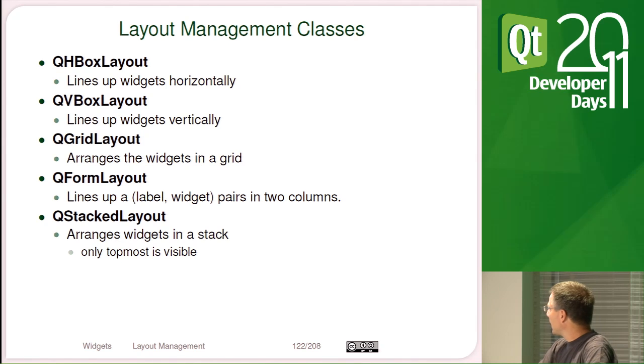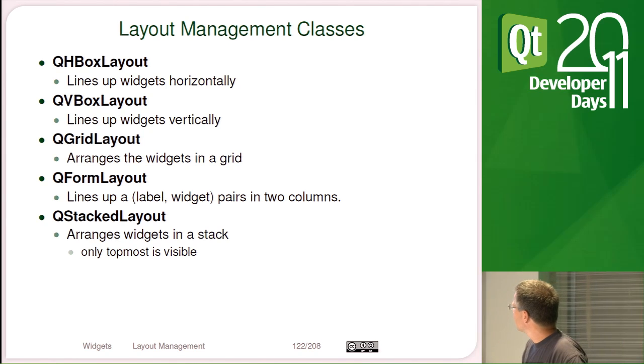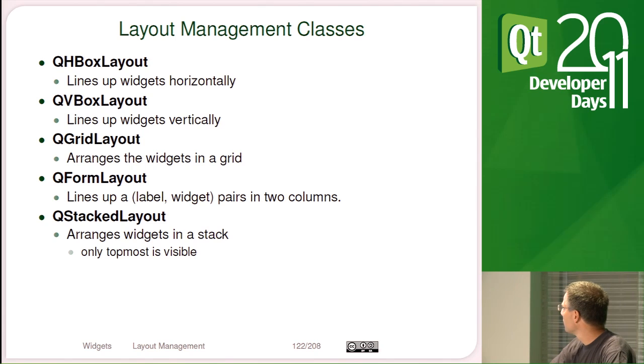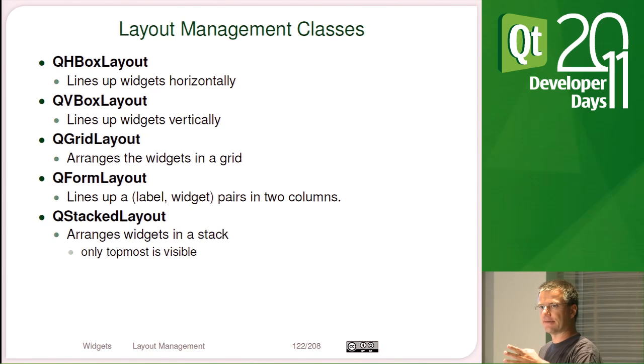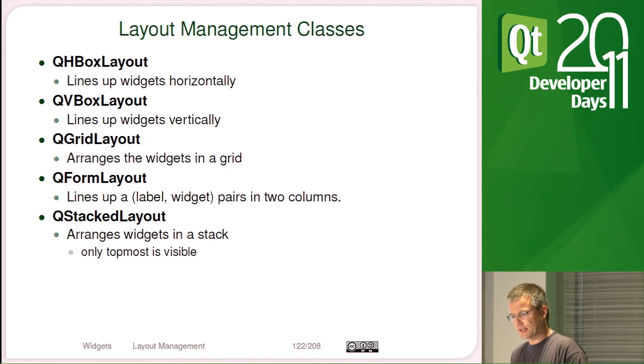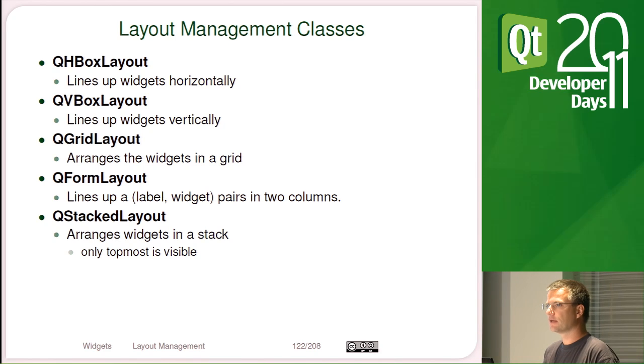The form layout is a special case for a two-column input widget, where you have text labels on the left and input fields on the right. I will show you. And the stacked layout is a special case where you have one widget at the top, so only the topmost is visible.